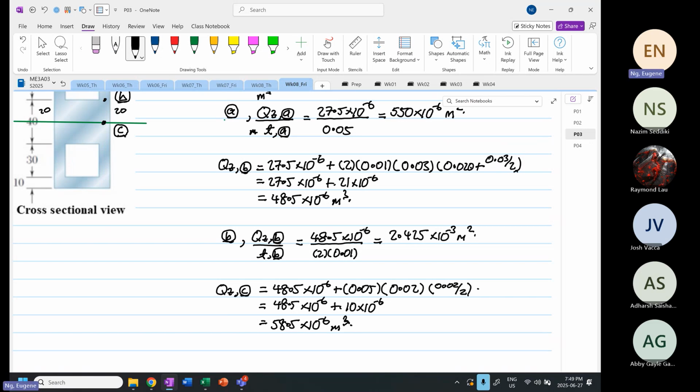As we can see, this is where Q max will happen. Whereas at point B, this is where T min will happen. Right?